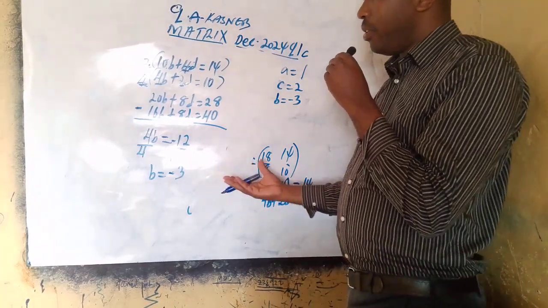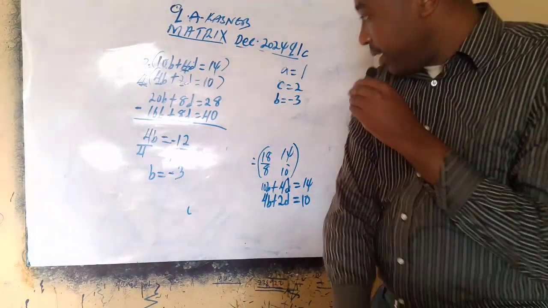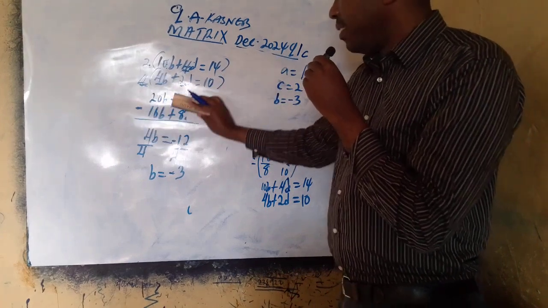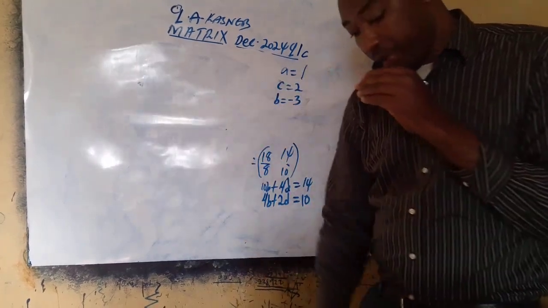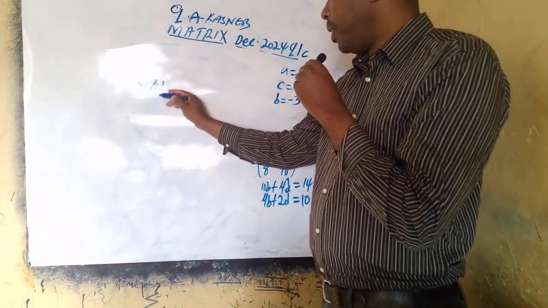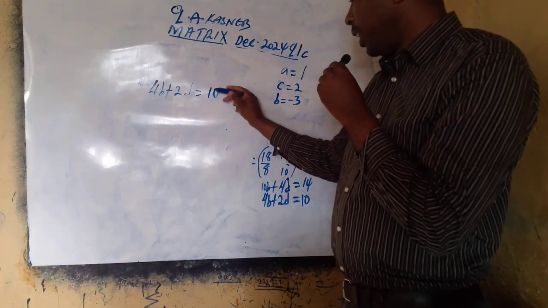We can now have the value of d. Very simple. We just use the original equation. I will use 4b plus 2d is equals to 10.